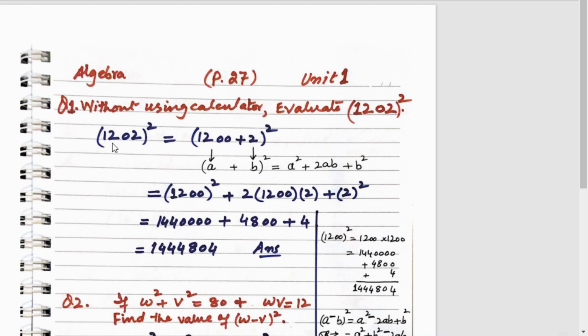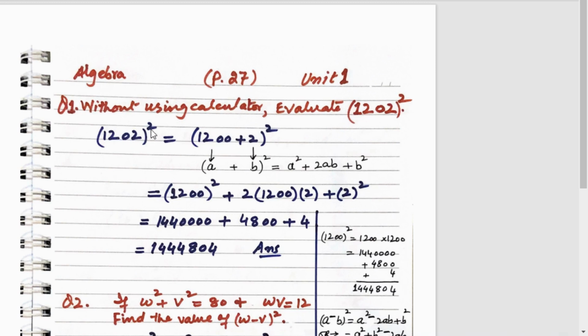First of all, we check a whole number. The whole number is 1200, and a small bit, that is 2, is being added into it. So if we write 1202 in parts, like 1200 plus 2 whole square, I think it's not wrong. 1200 plus 2 means again 1202 whole square, right?